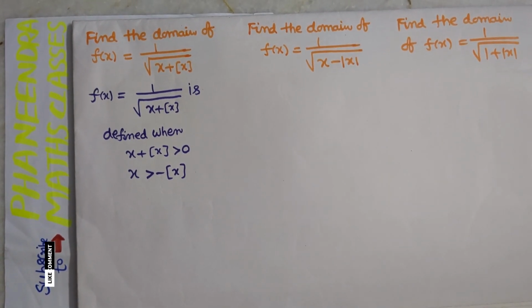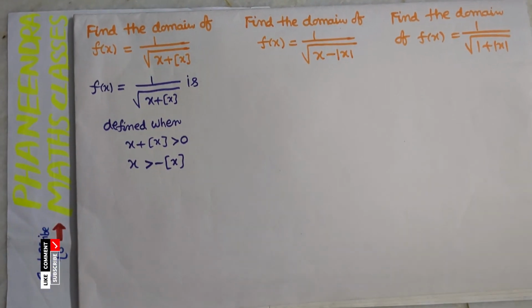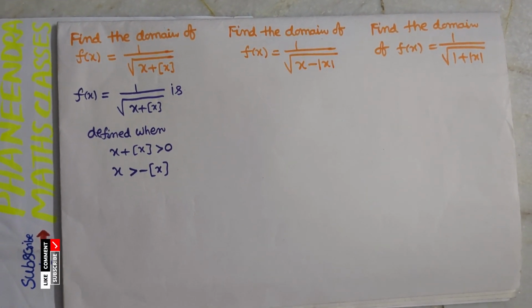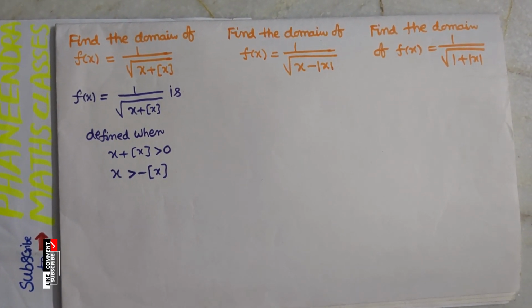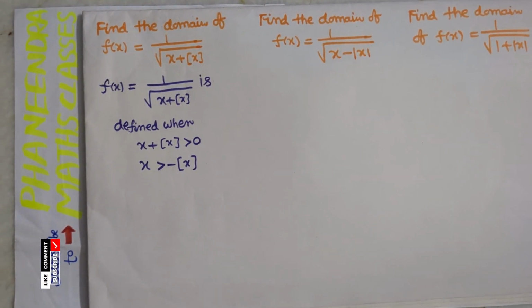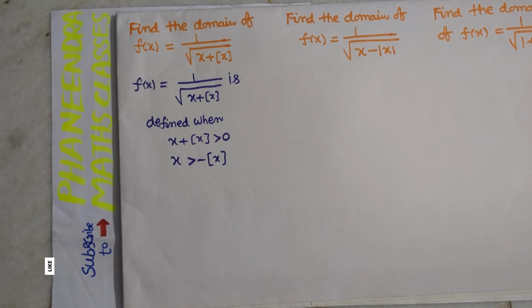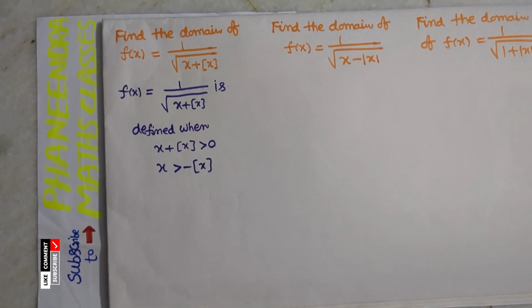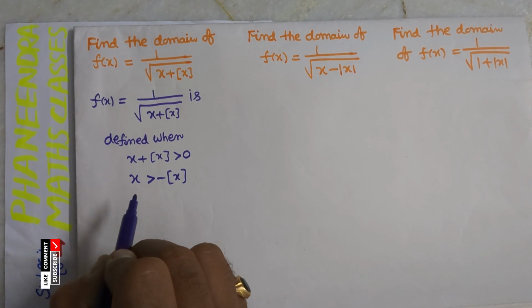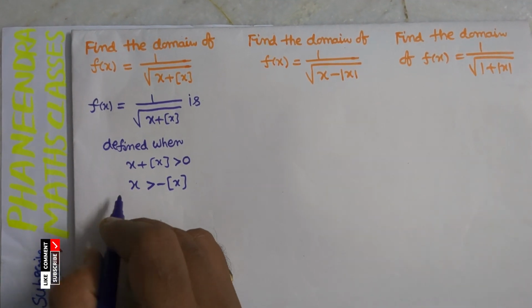Suppose if we take negative values, it won't work out. For example, x equal to minus 2. Minus 2 is greater than minus 2 is meaningless. Suppose if you take any negative value, minus 3, minus 3 is greater than minus 3, it is also meaningless.